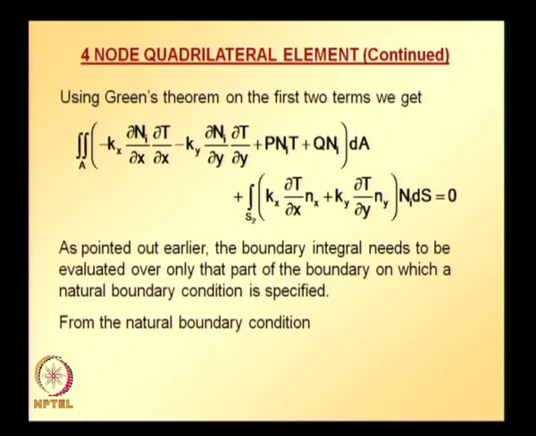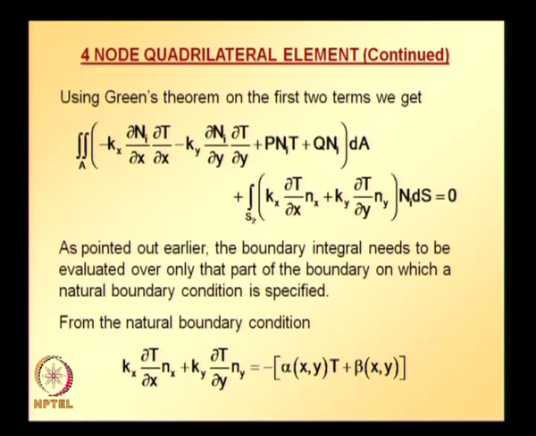From the natural boundary condition, the line integral, that is the boundary integral over S2, can be rewritten using this boundary condition, that is kx times the partial derivative of T with respect to x times the x component of the normal, plus ky times the partial derivative of T with respect to y times the y component of the normal, is equal to minus, in brackets, alpha T plus beta.